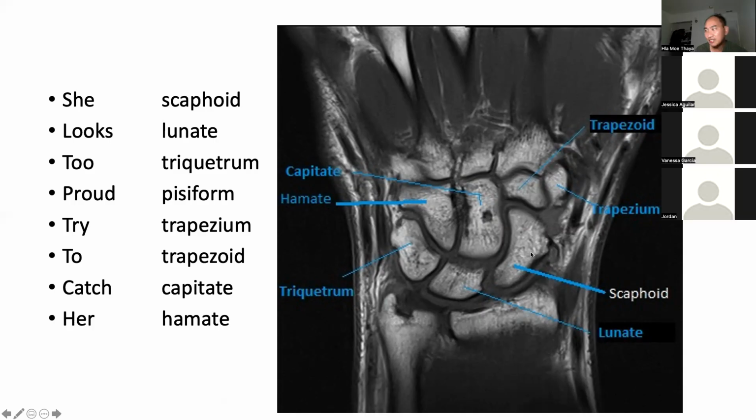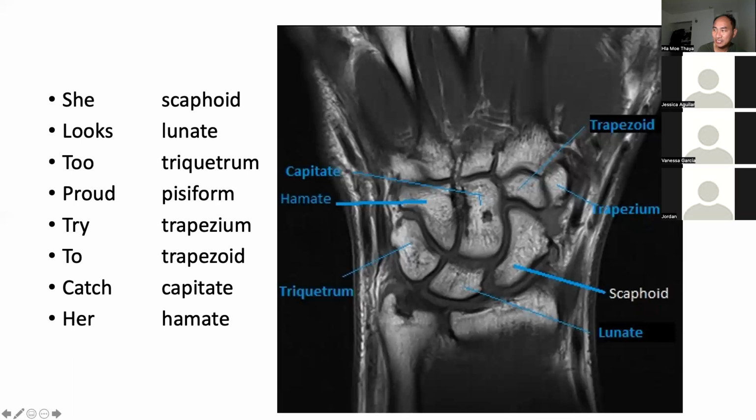First 4 bones, scaphoid, lunate, triquetrum, and P for pisiform, which is small and we cannot see it here. That is the proximal carpal row, and distal carpal row is trapezium, trapezoid, capitate, and hamate.